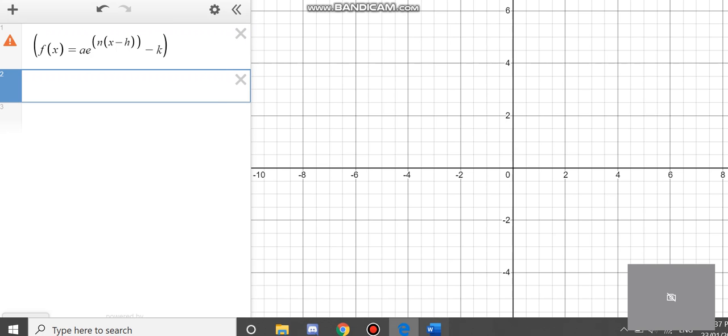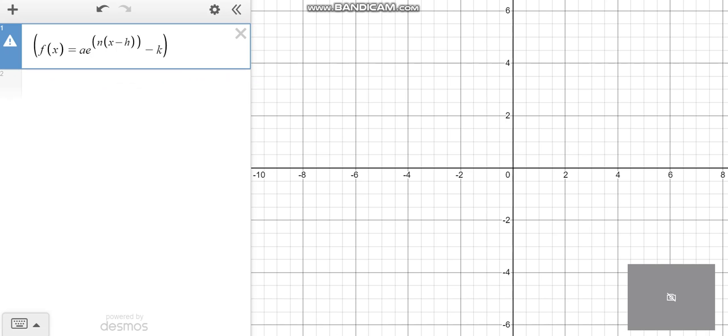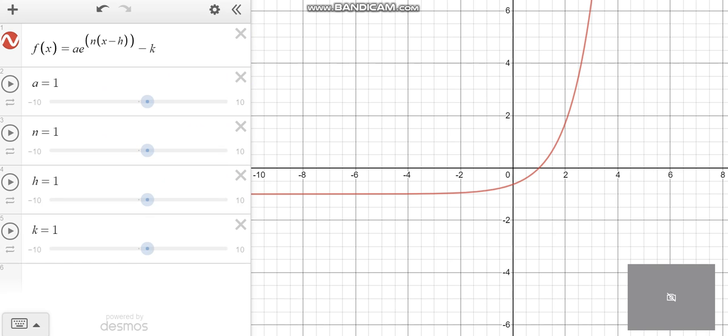Okay, that's weird. Why is the whole thing bracketing? There we go. So as per usual, a is your dilation, and because it's negative it flips, obviously.